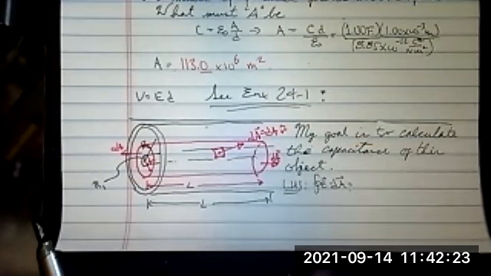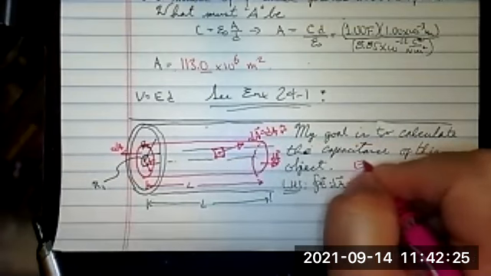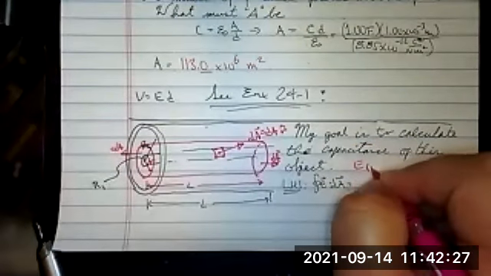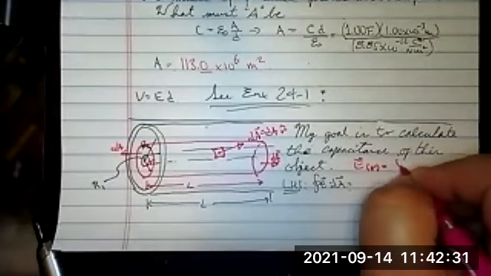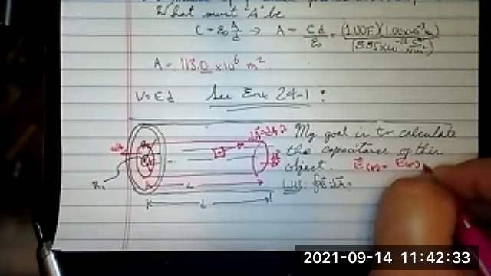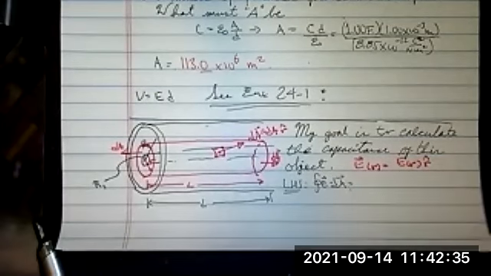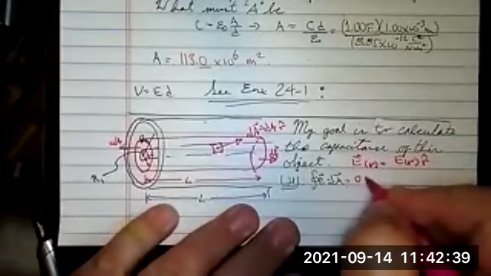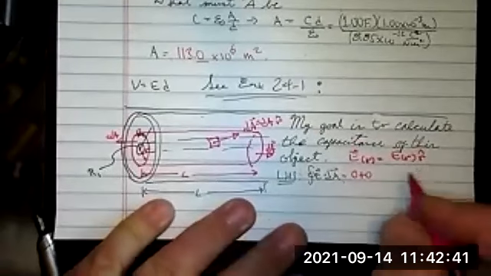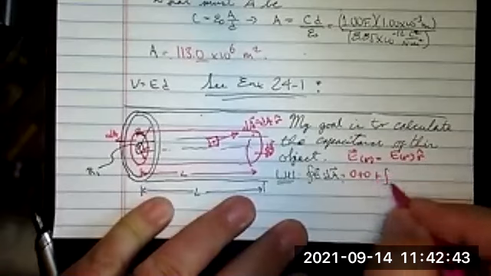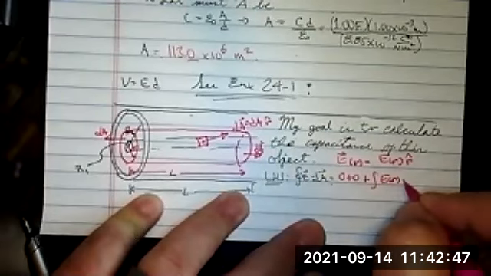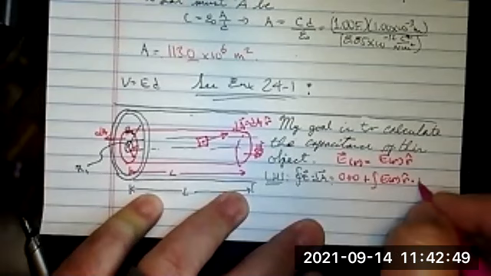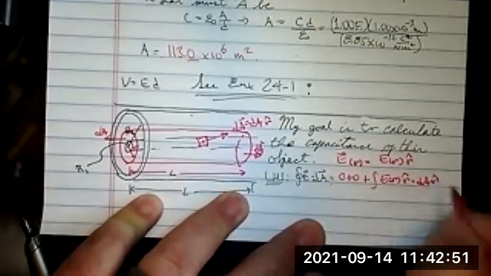Okay. My hypothesis is that E of r is equal to some E of r times r hat. So that's what my hypothesis is. I know I've already got two terms that are 0 because of that, plus I have the integral of E of r hat dotted with dA r hat.